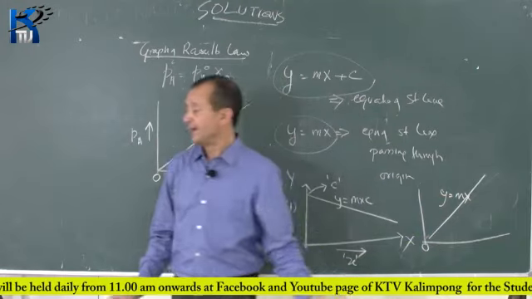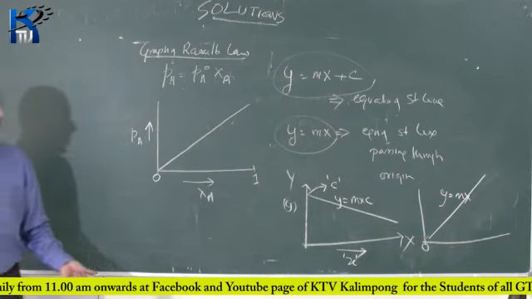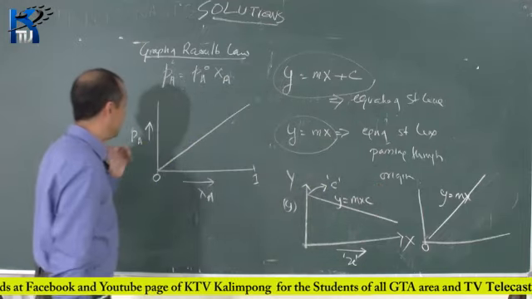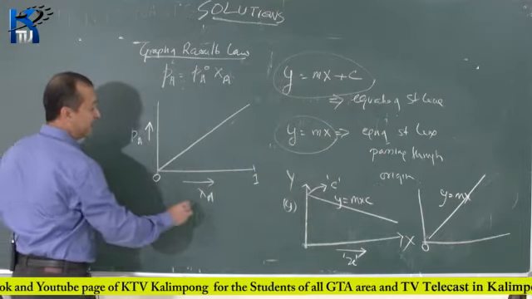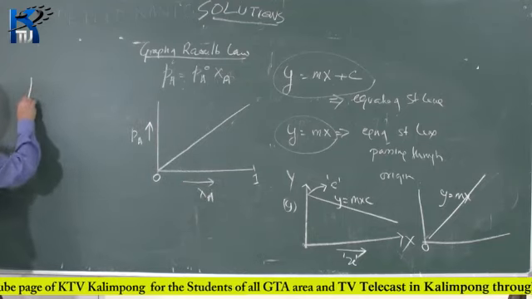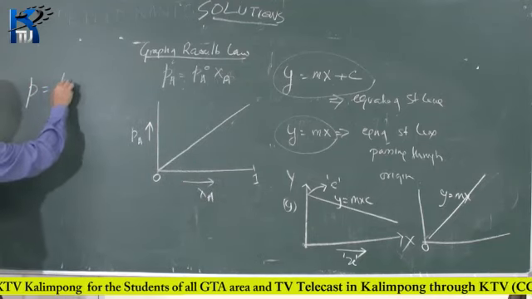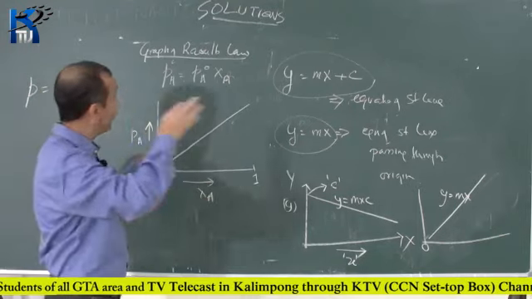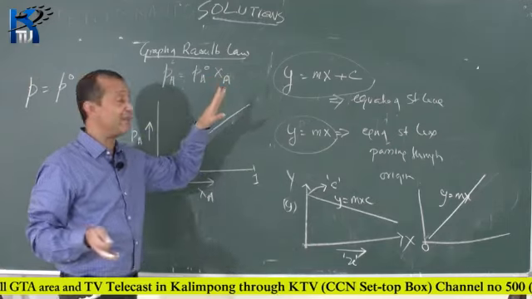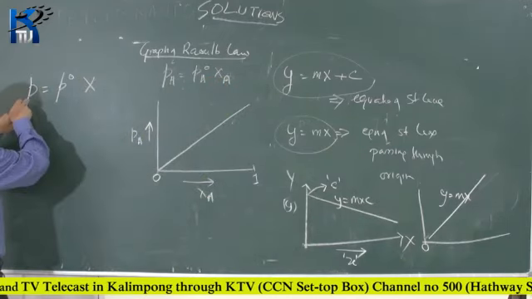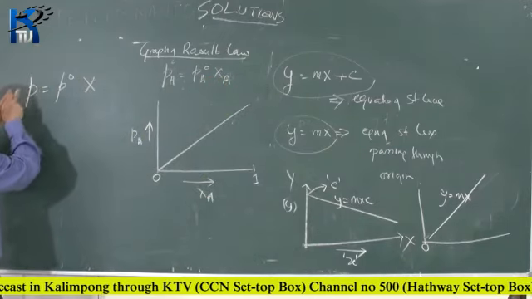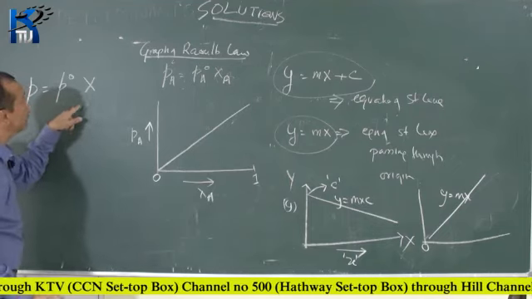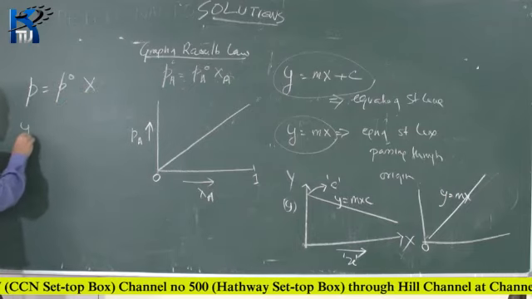So why I am telling you all these things regarding mathematics is because the equation of Raoult's law, that is P equal to P naught into x, I am just ignoring the component A terms. The equation of Raoult's law is partial vapor pressure equals pure vapor pressure into mole fraction. You compare this with y is equal to mx.